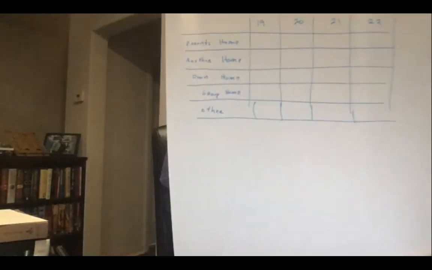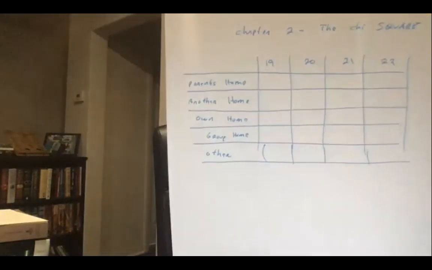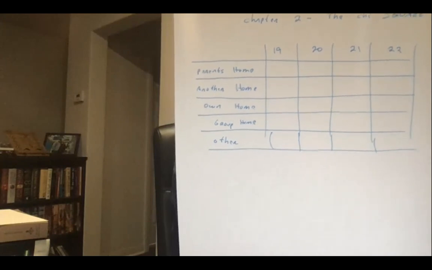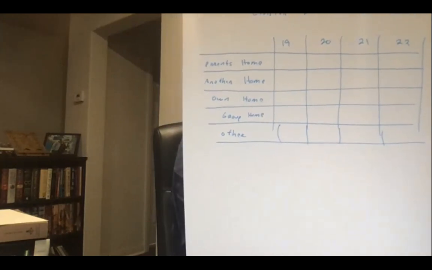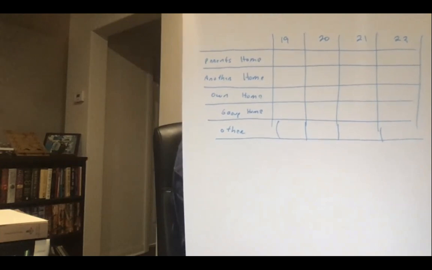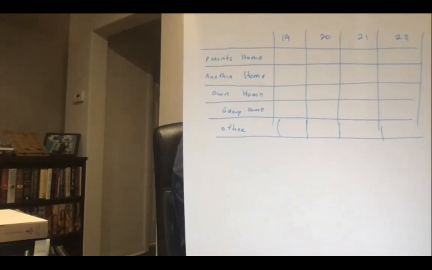The fourth one is going to be group quarters, kind of like a dorm or something. And the last one is just going to be other. Okay, so we have the following table. Let me know when you guys are all done with this, because my hand's hurting holding it up.